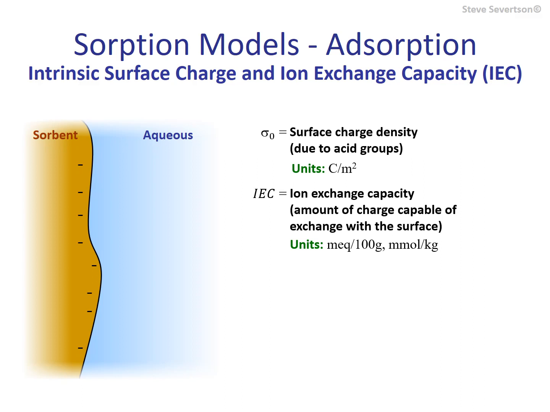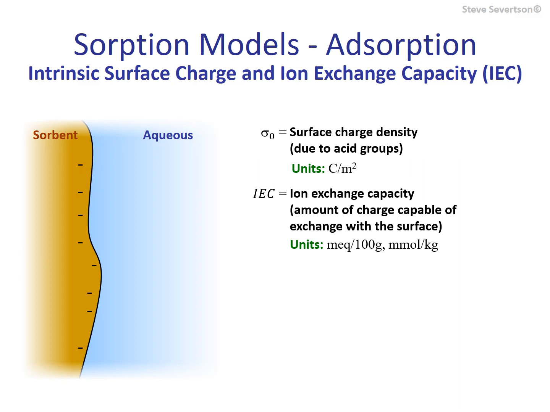In the case of acid groups, the phrase cation exchange capacity, or CEC, is often used. IEC is commonly reported in milliequivalents per 100 grams of oven-dried solid. Surface acid groups are usually monovalent and provide the same amount of equivalents as moles. That is why the values are reported here in either milliequivalents or millimoles per mass.